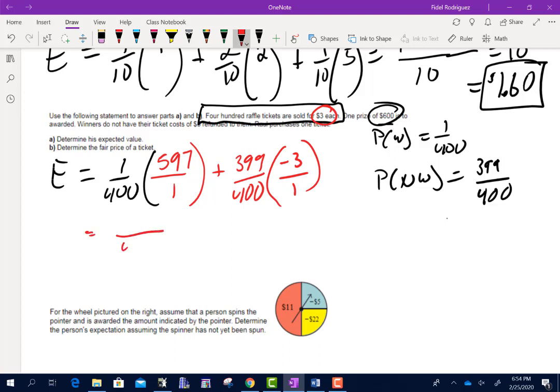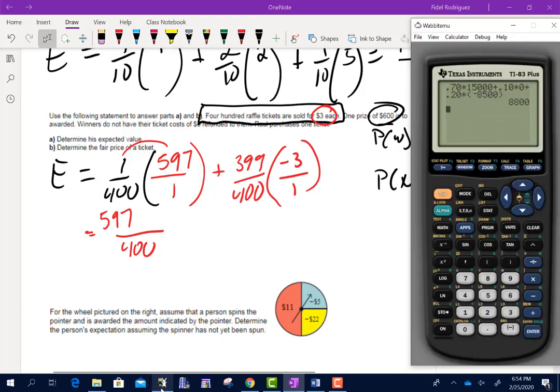So again, just like we did before, I know my denominator here is going to be 400. So 1 times 597 is still 597. What's 399 times negative 3? A negative 1197.